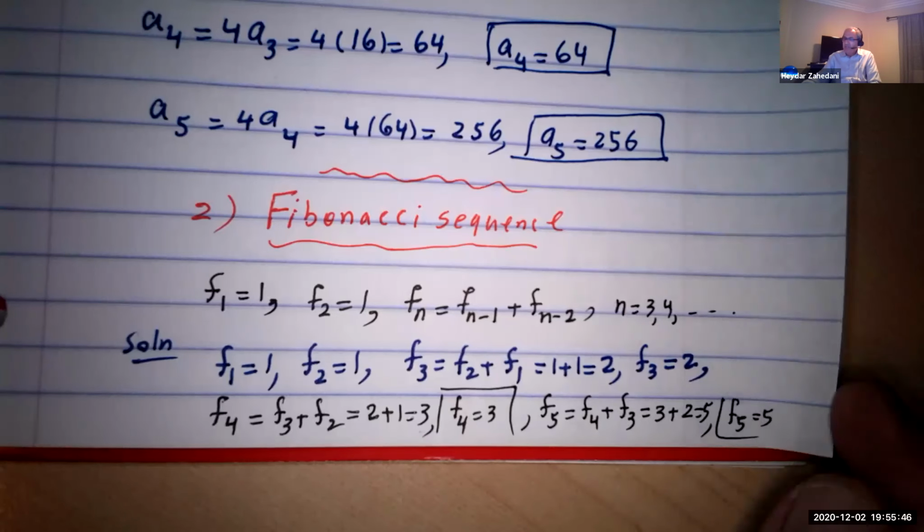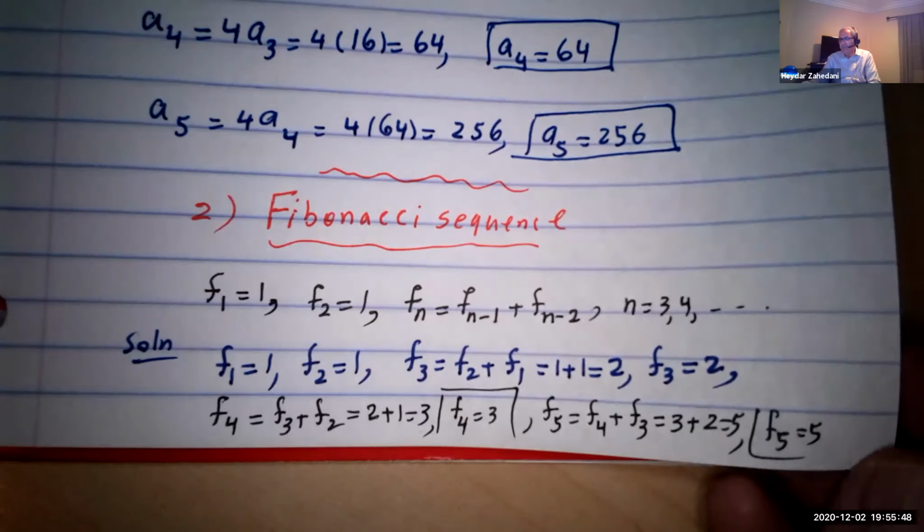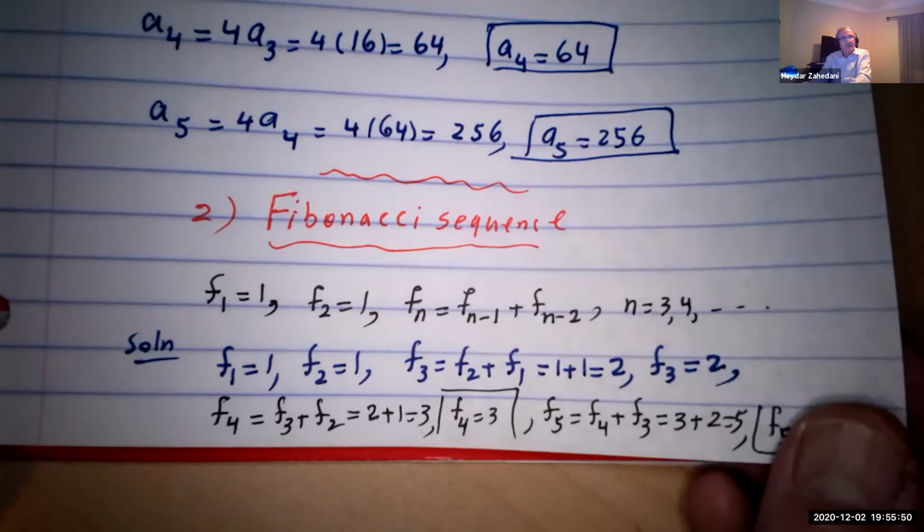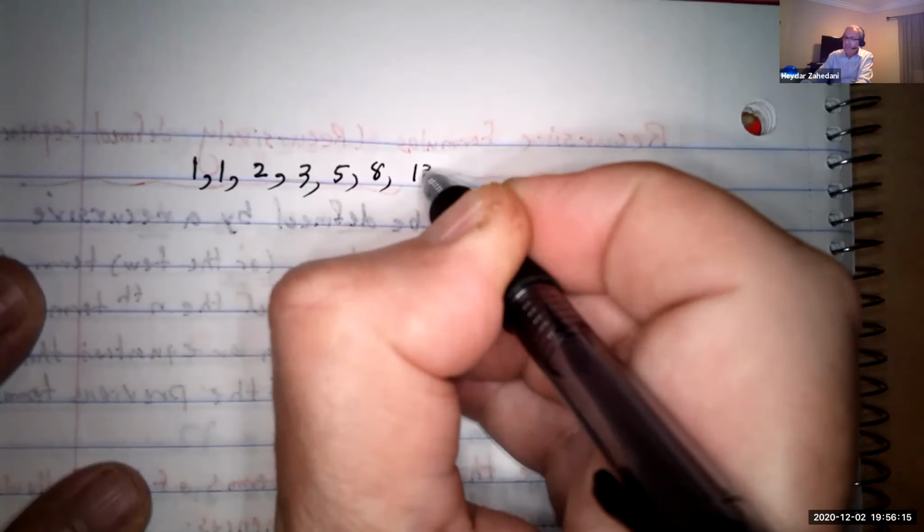So the terms of your sequence are going to be of this format. If you put them together, you have the 1 and the 1, you add them together, that gives you 2. You add these two together, that gives you 3. These two together, that gives you 5. If you want to get 8, 13, 21, you can go on forever.